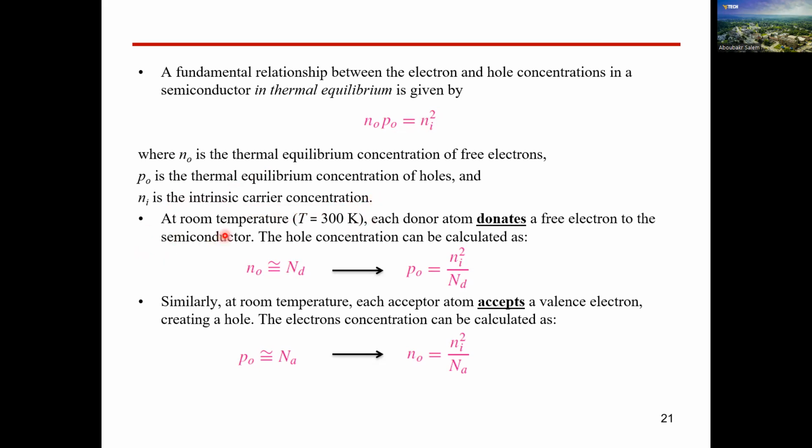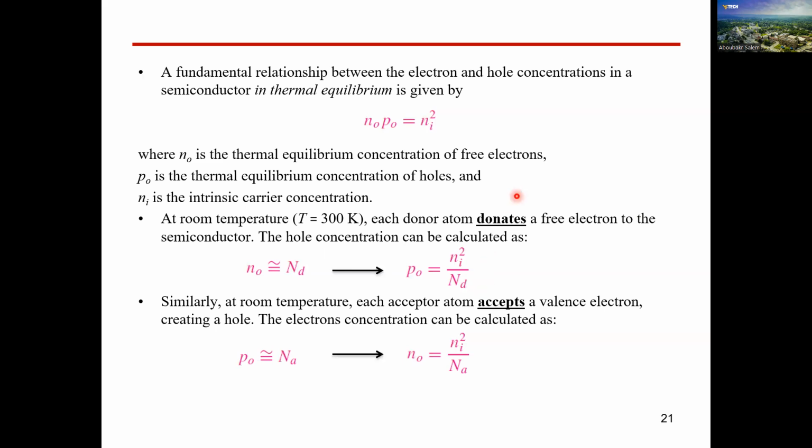At room temperature, 300 Kelvin, each donor atom donates a free electron to the semiconductor material. This is what we agreed in the previous slide. So, in this case, the hole concentration can be calculated as follows. In the case of n-type material, N0 is going to be the same as Nd, the donor concentration, and we can calculate P0, the hole concentration, as Ni squared divided by Nd.